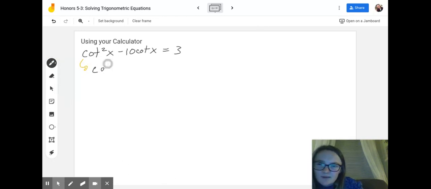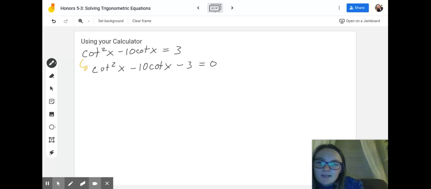So what you could write: let's get everything to one side. Cotangent squared x minus 10 cotangent of x minus 3 is equal to 0. To find the solution, if you want to put this in your calculator, there is no cotangent button, but there is a tangent button, and tangent and cotangent are reciprocals.